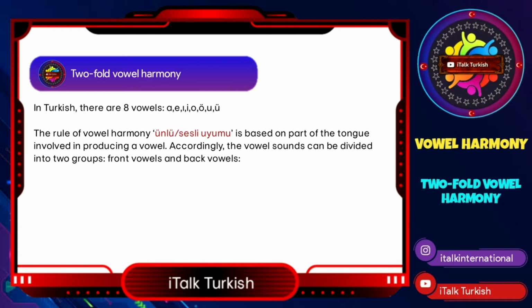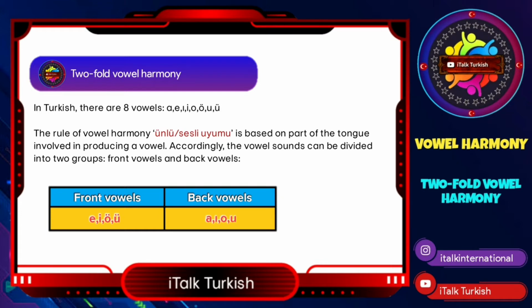Now, you will see a table showing the back and front vowels. As you can see in the table above, front vowels are E, İ, Ö, Ü. Back vowels are A, I, O, U.